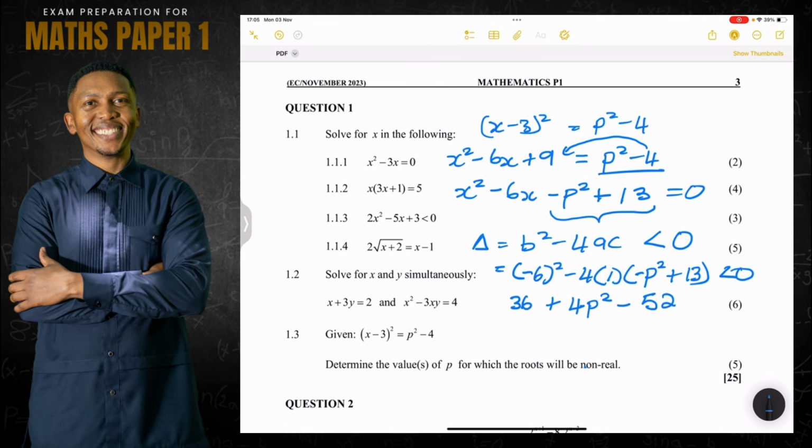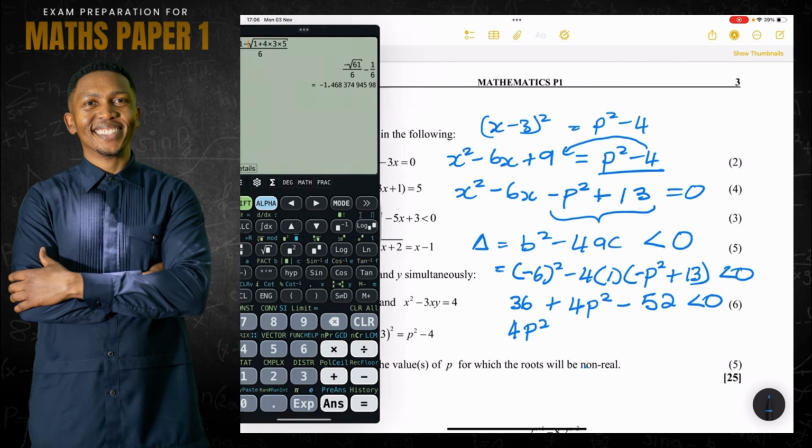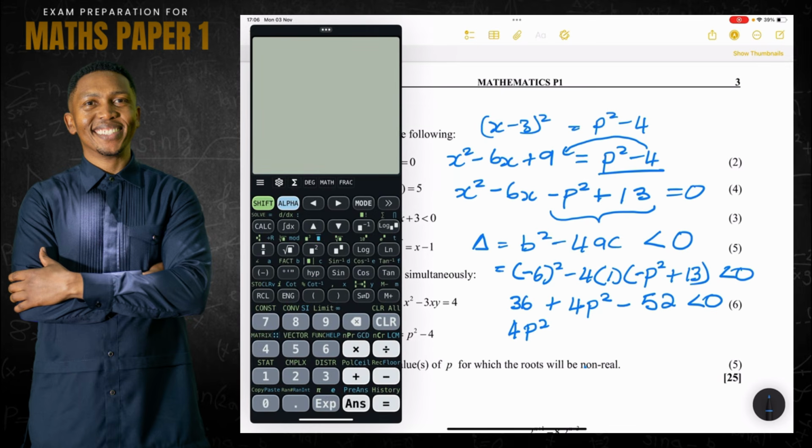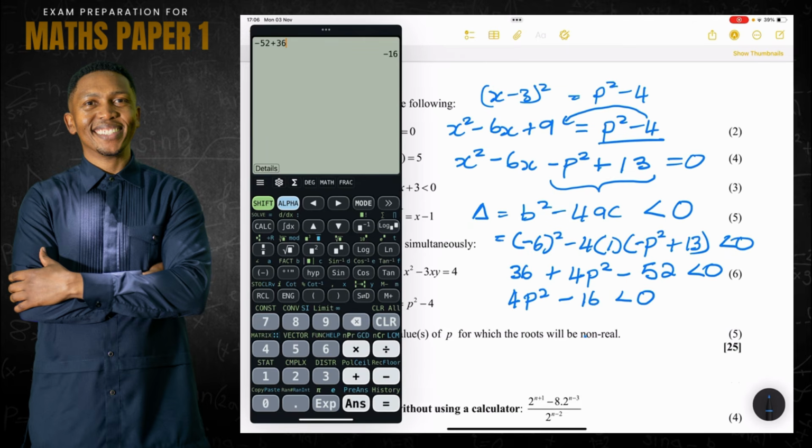So that's −52, and this is less than 0. So that's 4p² − 52 + 36, and we get 4p² − 16 < 0.